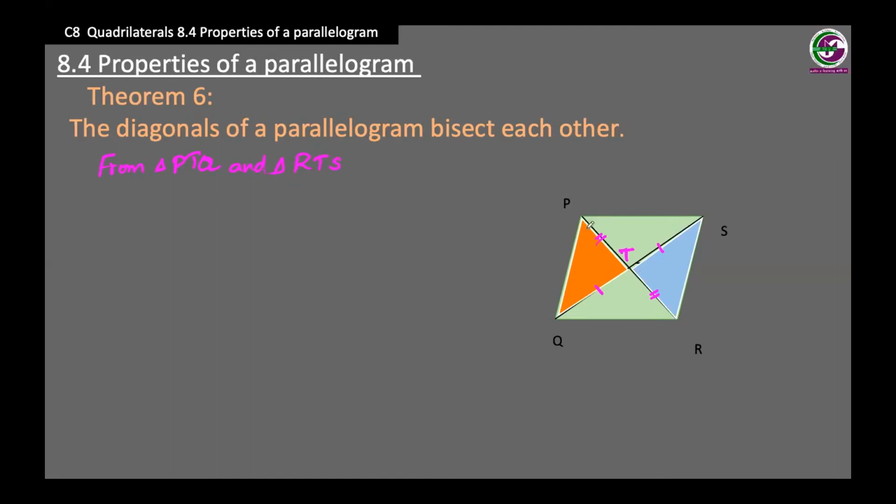From these two triangles, we know that PQ is equal to SR because they are the opposite sides of a parallelogram. Also, we know that angle QPT is equal to angle SRT.